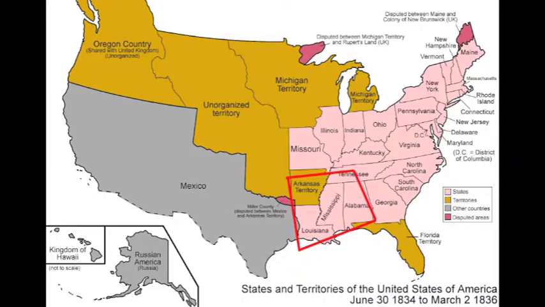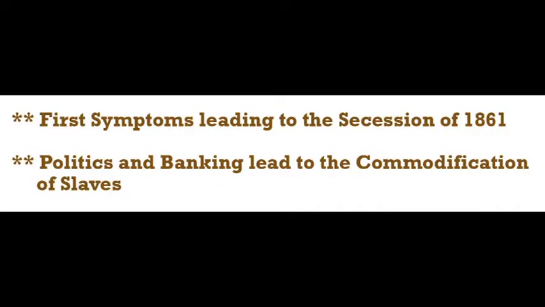And in this episode, then, we will review various aspects of the then Southwest, notably and especially Louisiana, Mississippi, Alabama, and parts of Georgia. The first symptoms of the condition that led to the withdrawal of the Confederate States from the Union, the conjoined influence of politics and banking in the commodification of slaves, and the creation of bubbles, similar to our current housing bubble, or recent.